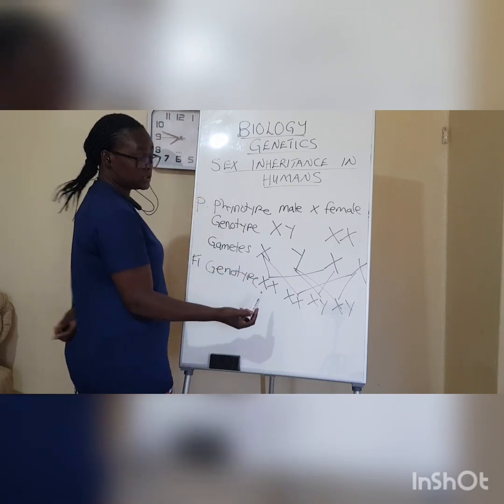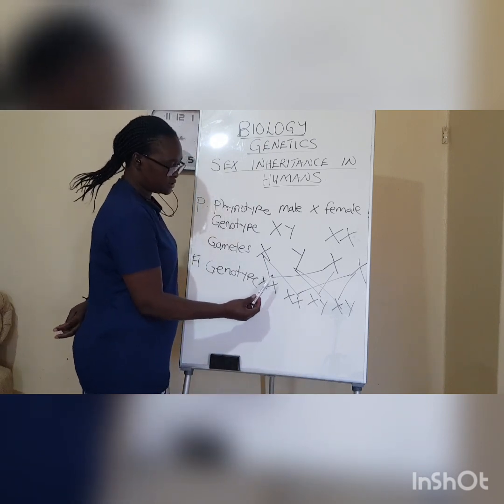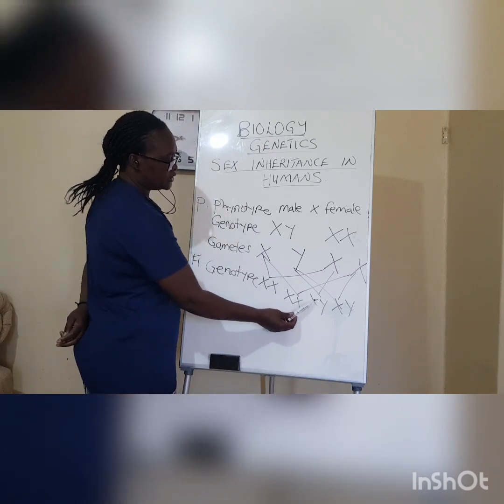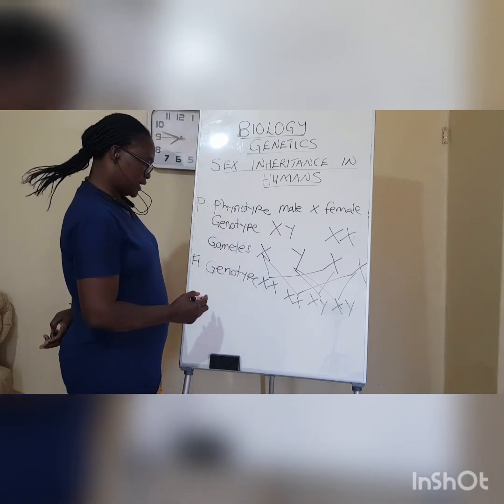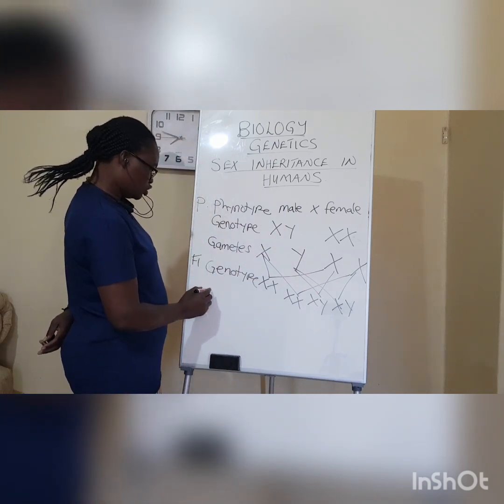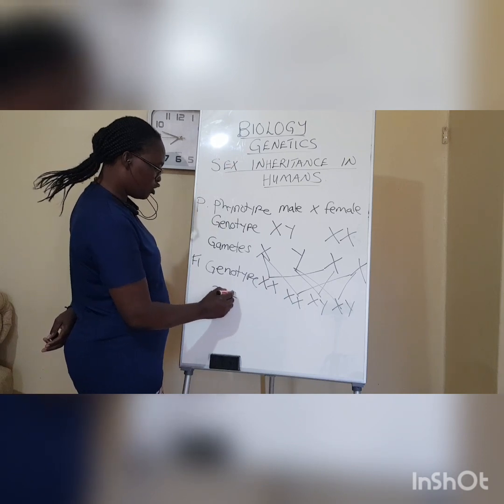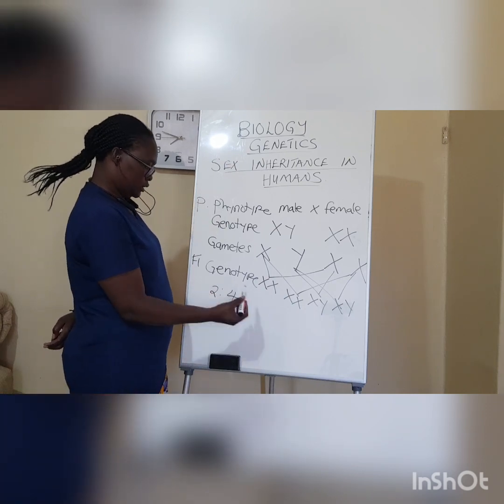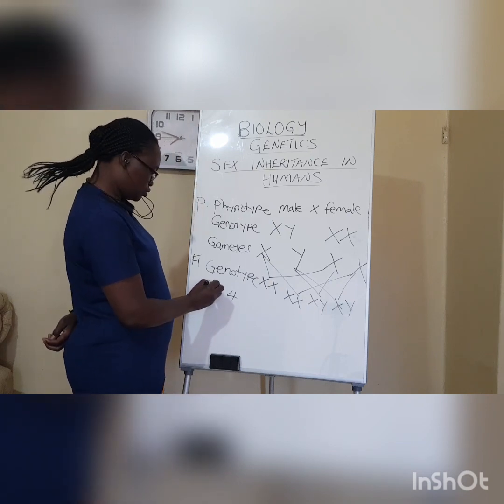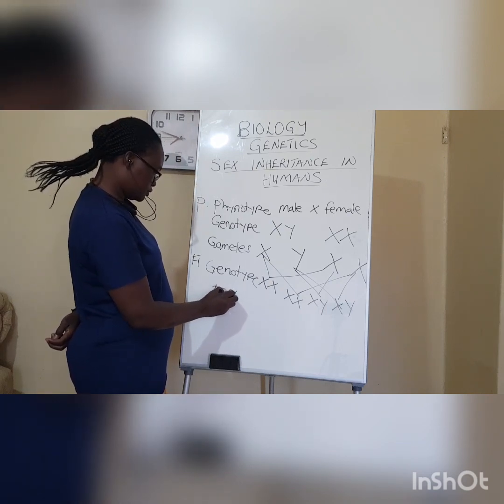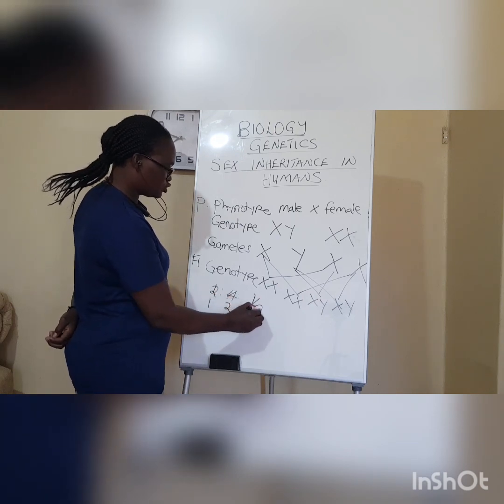So let's look at the offspring. We have XX female, XX female, XY boy, XY boy. So the chances are 2 out of 4 of having either a male child or a female child, so it's 1/2.